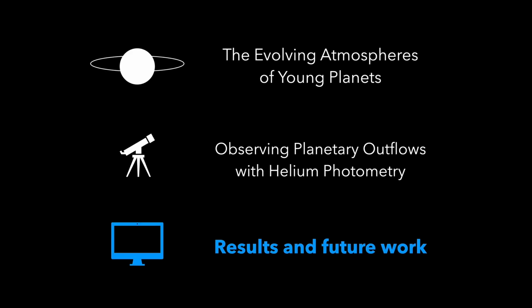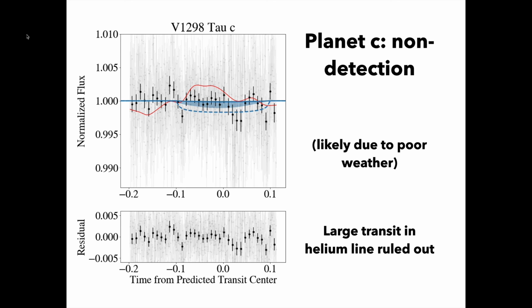In this work, we applied this technique to the planets in the V1298 Tau system, and now we'll describe some of the results that we saw. When we looked at the transit of V1298 Tau C, we weren't able to detect anything at all. Our light curve is shown on the left, with data in gray, binned in black, with a best fit model in the solid line and the model for the transit at non-1083 nanometer wavelengths in the dashed line.